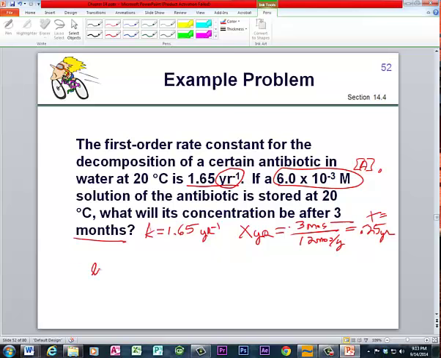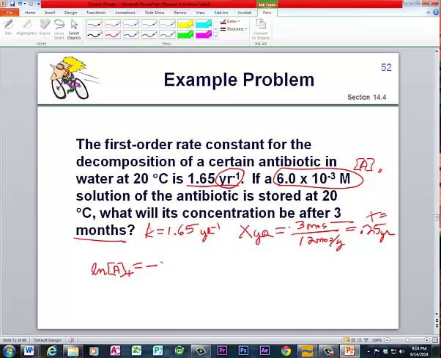Since it is a first order reaction, we're going to go ahead and use the first order integrated rate law to determine how much of the reactant will be left after 3 months. And it's going to be a straightforward calculation.